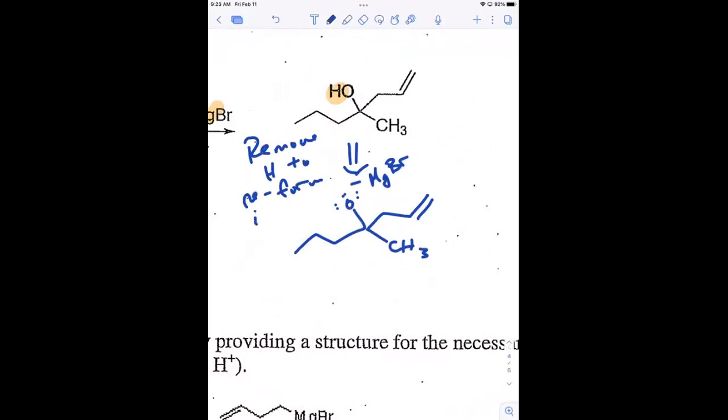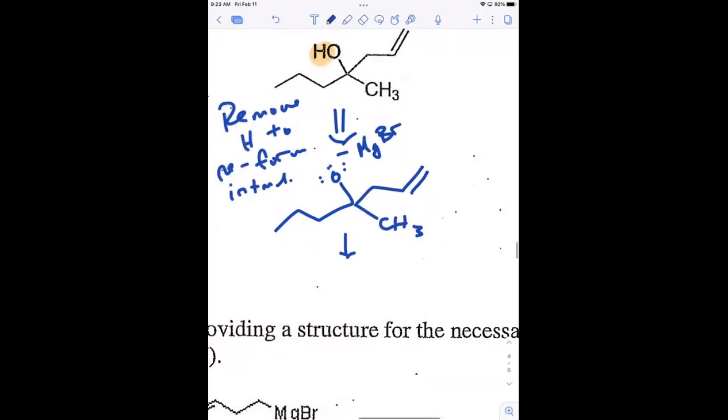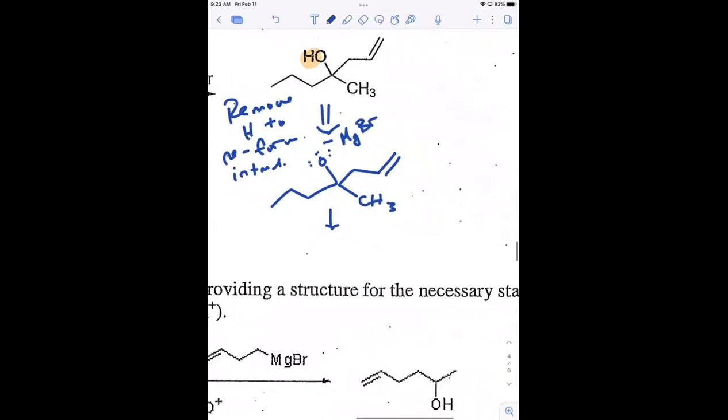So we're going to reform the intermediate. What's next? Would you get rid of the alkyl to the right? Yeah, it's given to us over here, so that's the one we're going to take off.